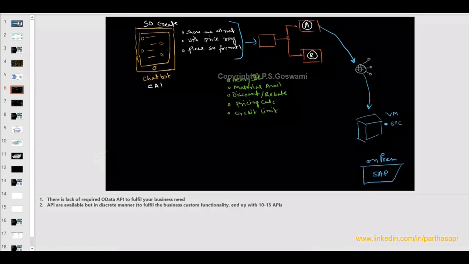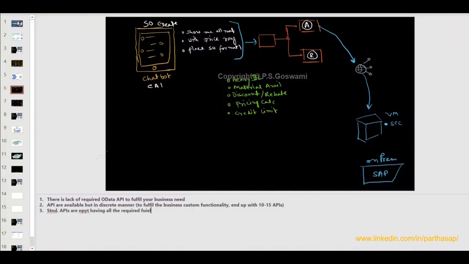This is not good. Sometimes standard APIs do not have all the required fields that you need for your business. Or the API may fall short of the required business logic. Or APIs are not very efficient for heavy business logic.